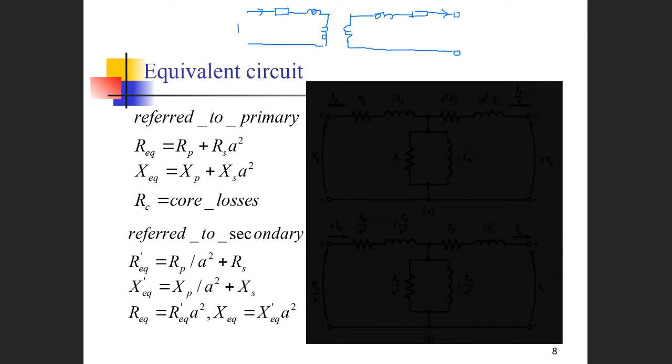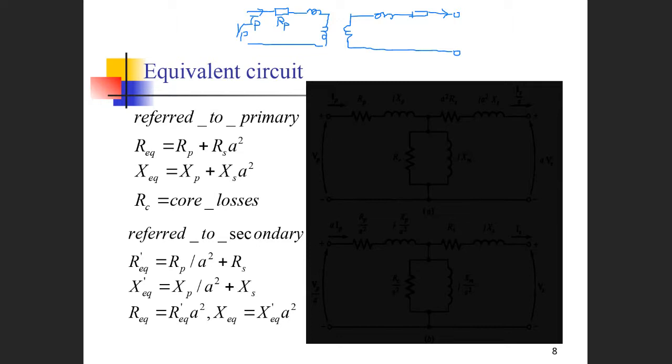We have the primary voltage, the primary current, and the primary resistance.